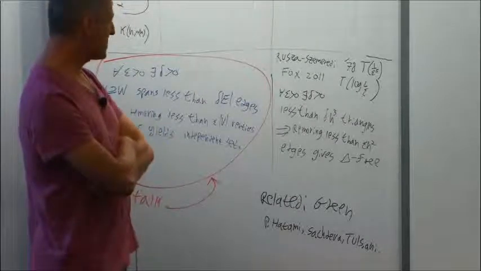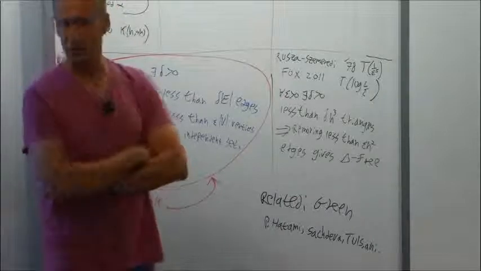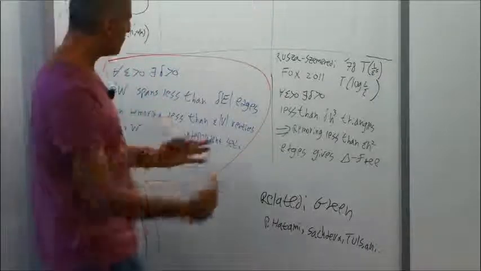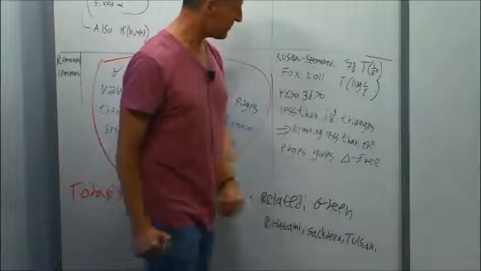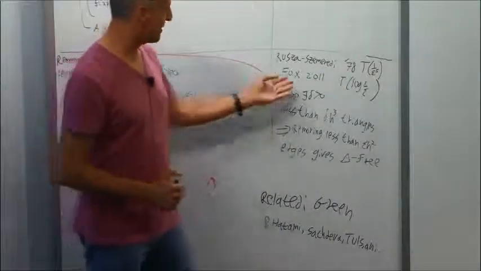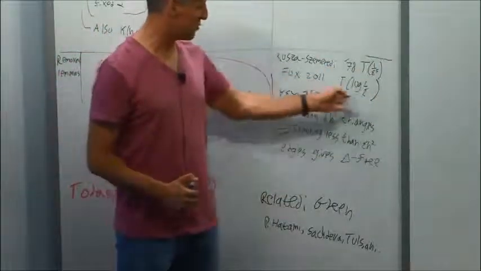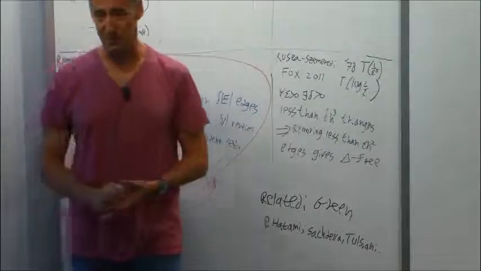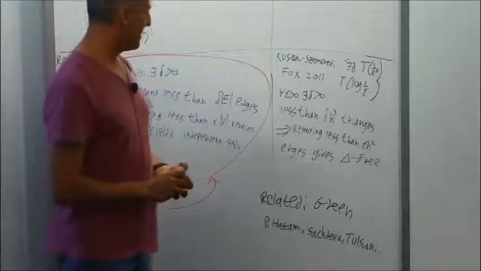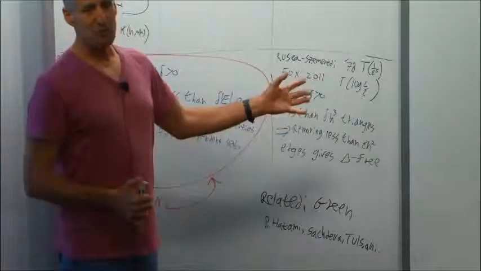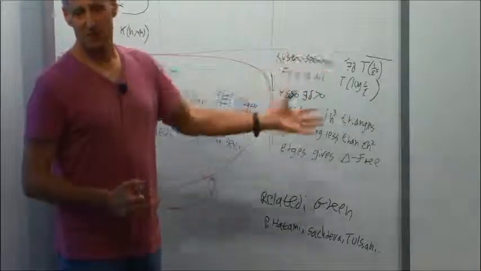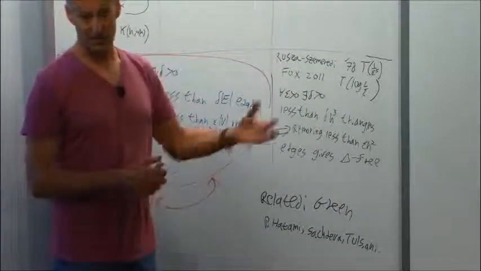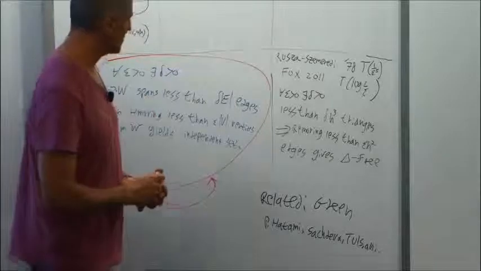For many, many years, it was considered a major open problem to improve this dependence. In 2011, Fox improved this dramatically from a tower of height poly in epsilon to a tower of height log 1 over epsilon. And our proof essentially was inspired by Fox's proof. I'll explain about that a bit more in a second.